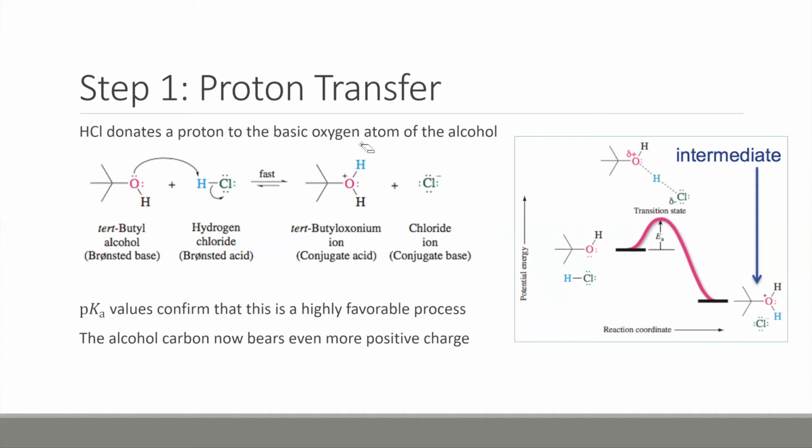So remember that a Lewis base donates electrons. So this is a Bronsted base because it's accepting a proton, but it's also donating electrons. So the oxygen donates electrons to the hydrogen here, making the hydrogen a Lewis acid.